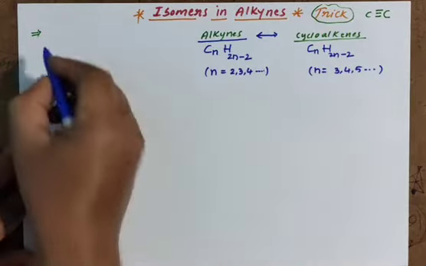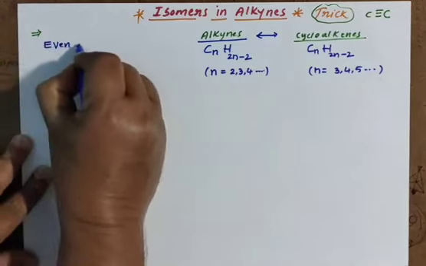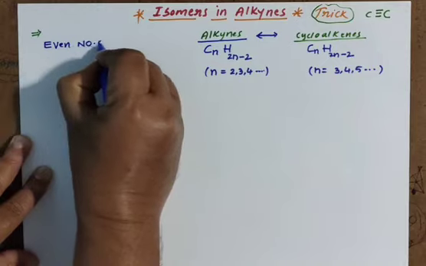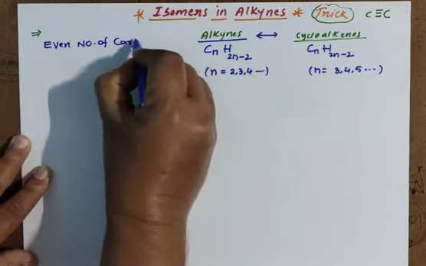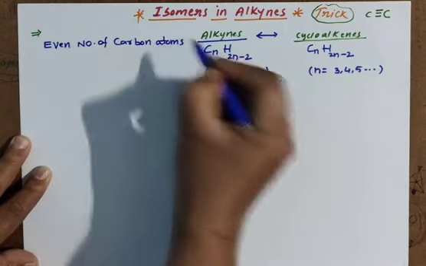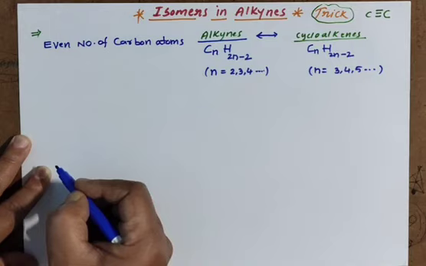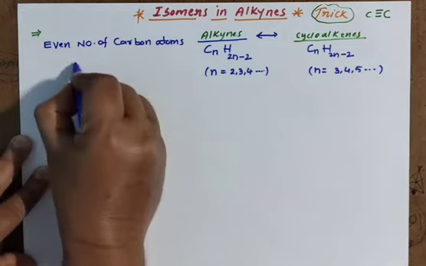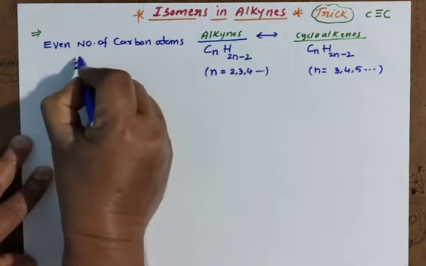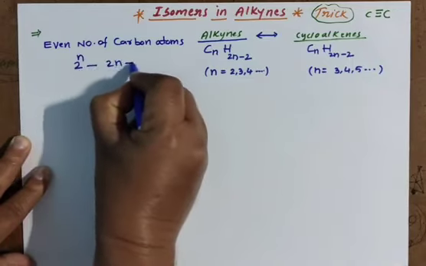Every time it is not possible to draw the structures, so I am giving a trick. If an even number of carbon atoms are present in the given alkyne or cycloalkene, then the formula is 2 power n minus 2n minus 1.